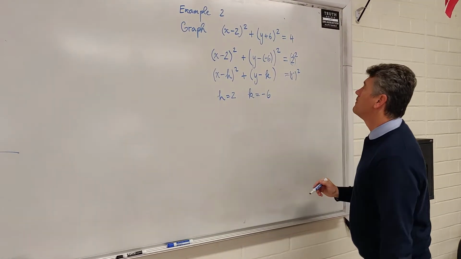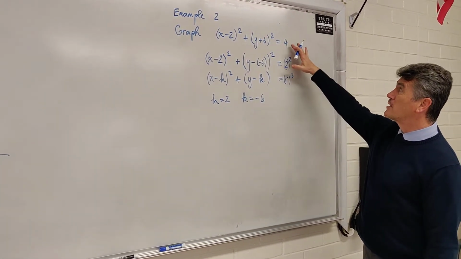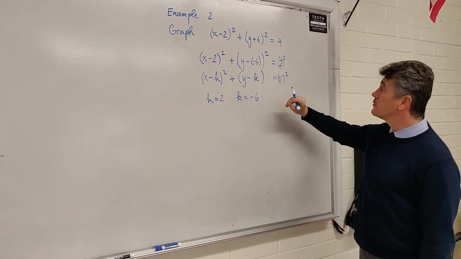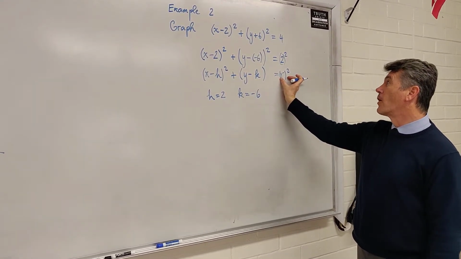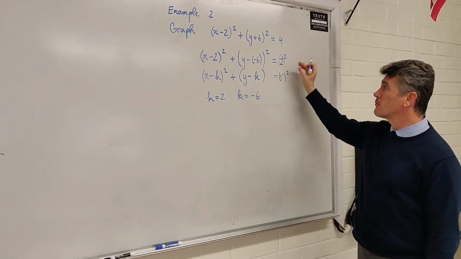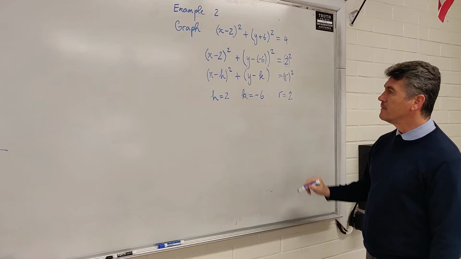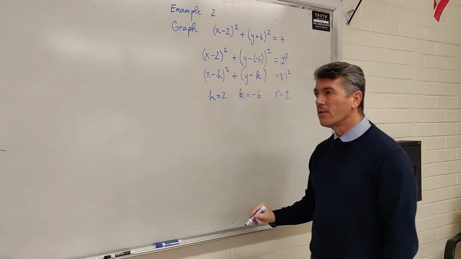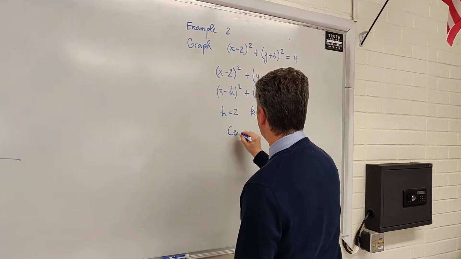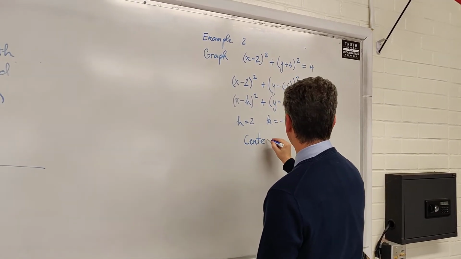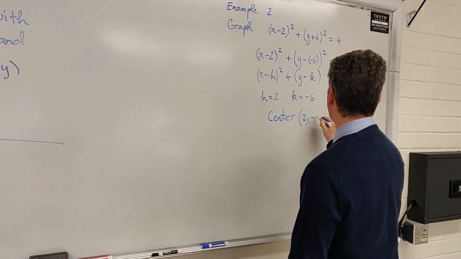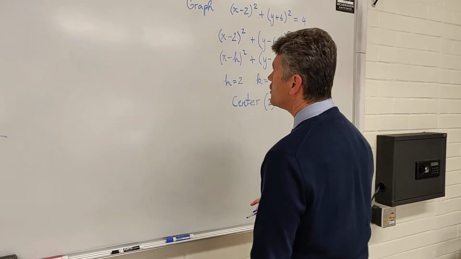For the last one, either the r² matches with the 4, which means that r is 2, or the quantity r² matches with the quantity 2². Again, r must be 2. So you know the center, and you know the radius of our circle. Center, (2, −6). Radius, 2.